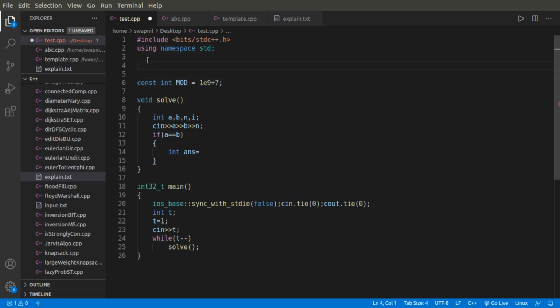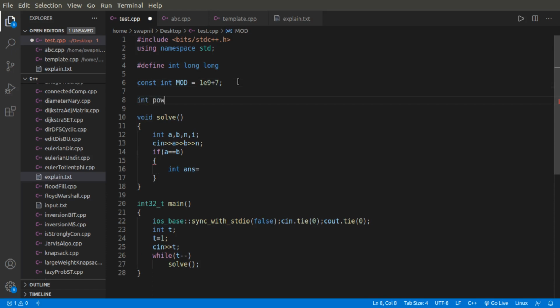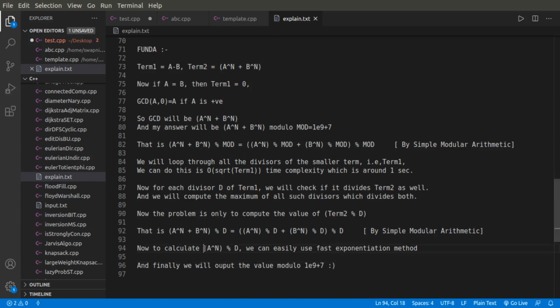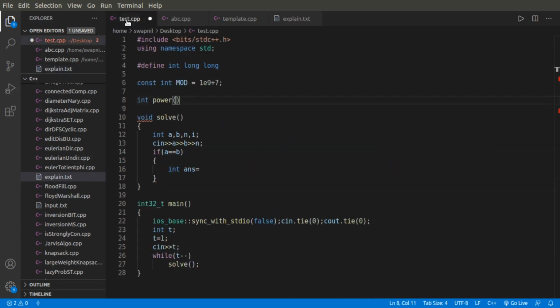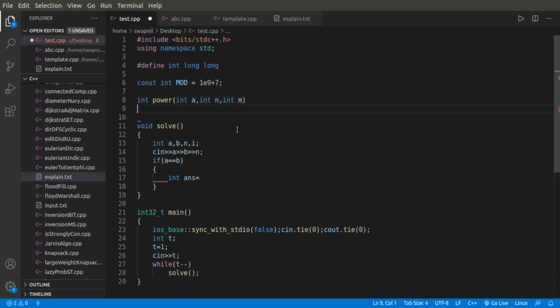I will also declare this particular macro, it's simple, I am just making int as long, it's quite basic. And we will also require another function which calculates the fast exponentiation method, that is a power n modulus d. So here we will require a and n and my modulus term m.